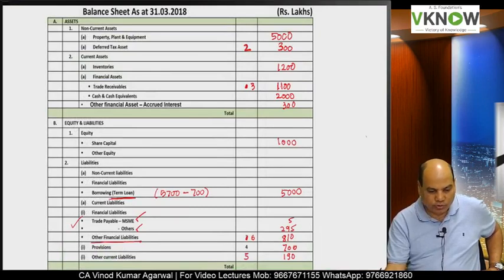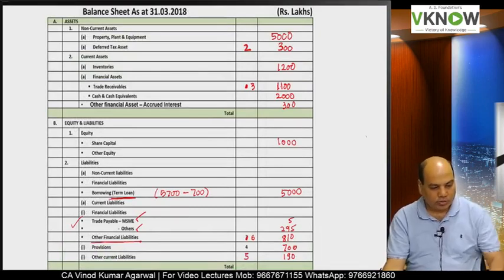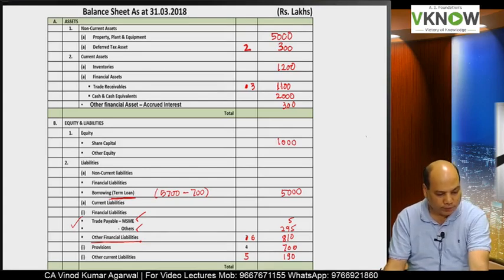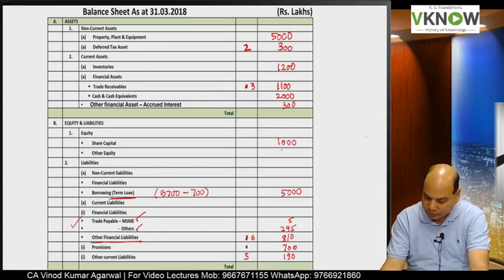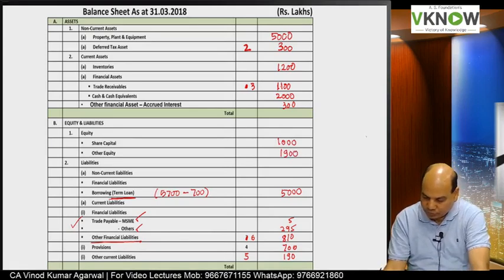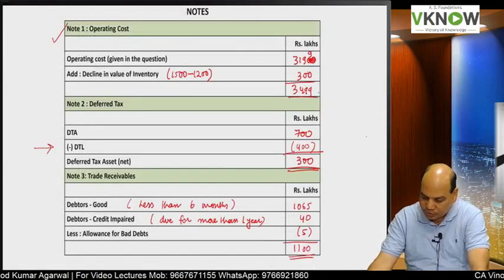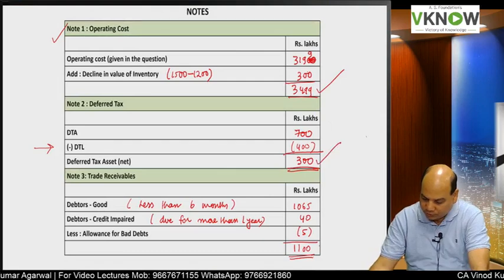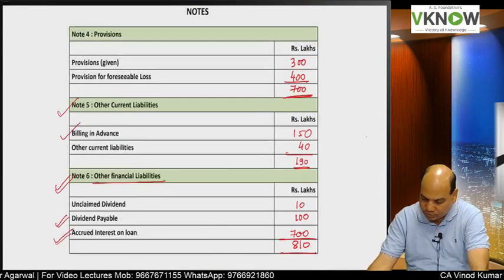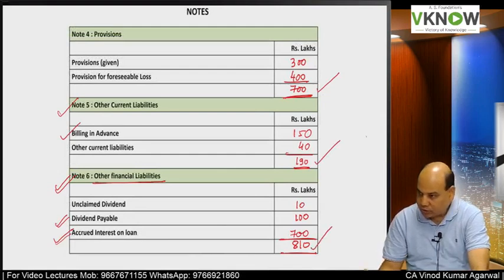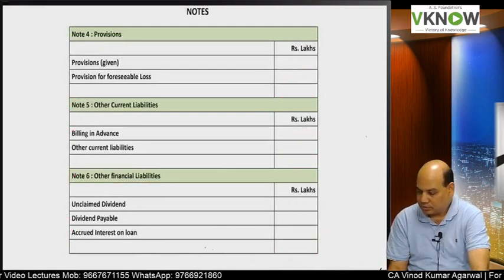Other equity, you have to add these two numbers. So can you tell me what is the total of other equity? 1900. Now let us just check whether all notes we have transferred. Operating cost, deferred tax, trade receivable we have transferred. Provision, other current liability, other financial liability we have transferred.